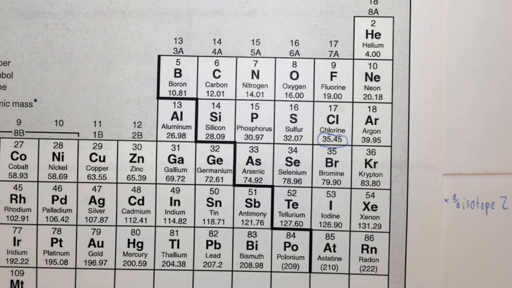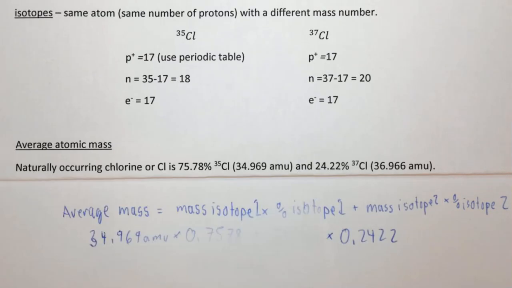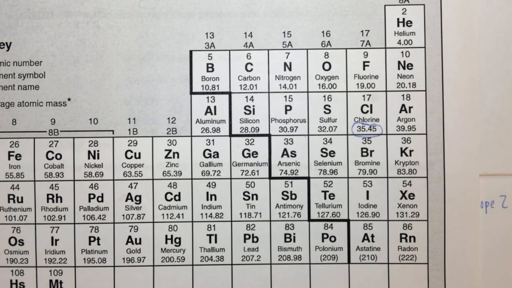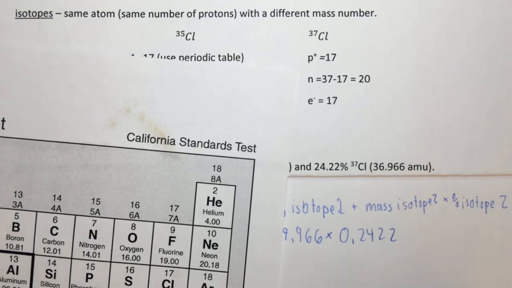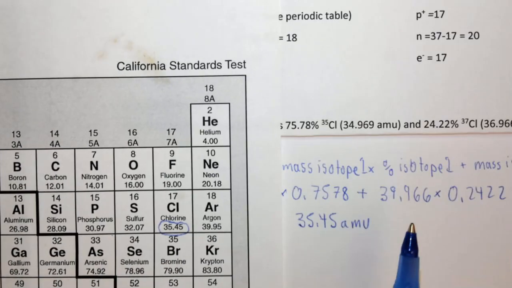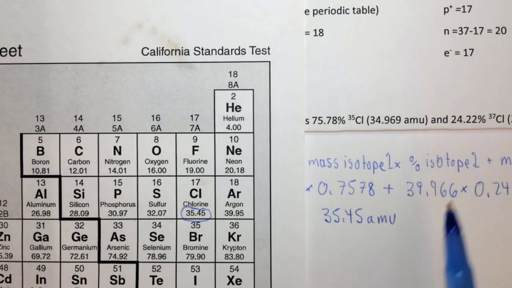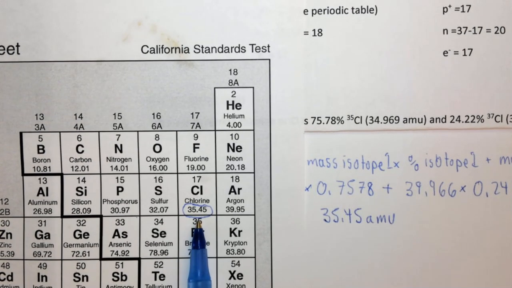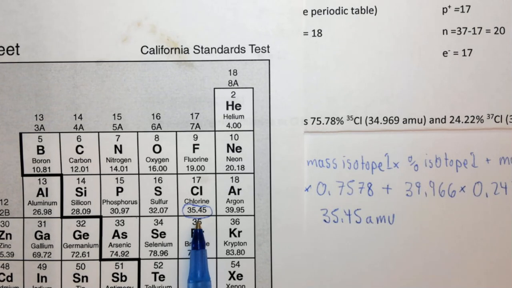But more generally speaking, if you want the average atomic mass of something, you don't do math like this. You simply look at your periodic table for the very simple reason that somebody already did that math for you. So you would not be required to do that math. It is not a coincidence that the average atomic mass that we got on our question was 35.45, and the actual average atomic mass of chlorine was 35.45.